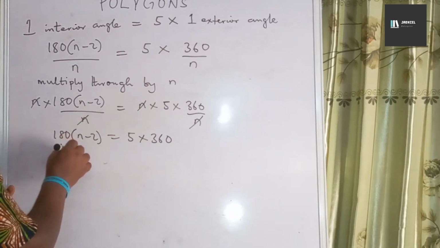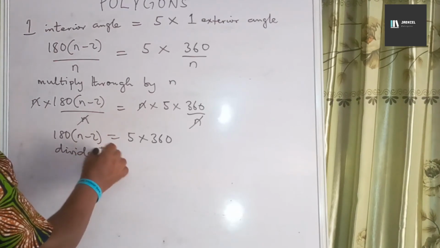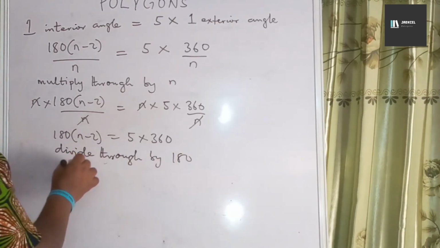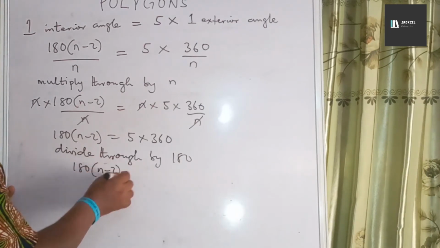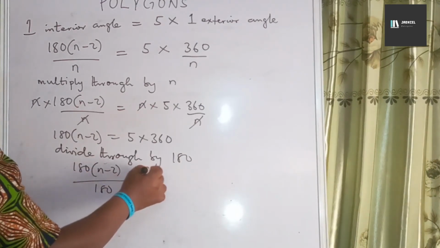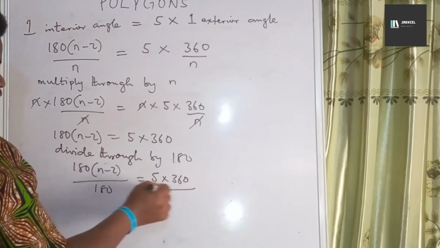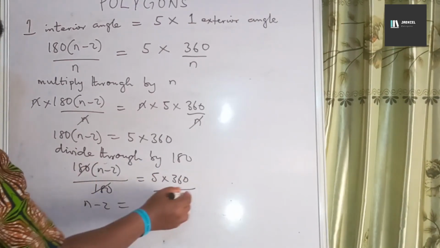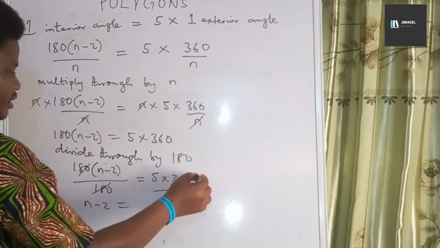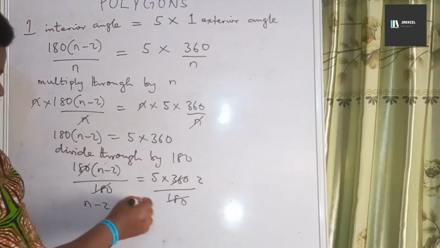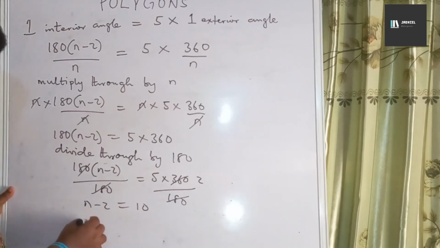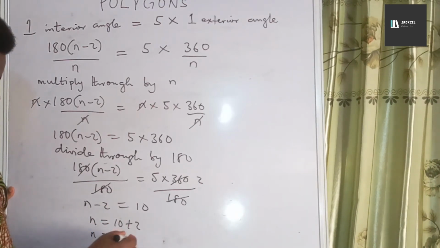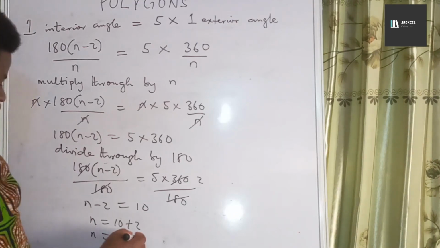So 180(n minus 2) over 180 equals 5 times 360 divided by 180. So we have n minus 2 equals 5 times 2, because 360 divided by 180 is 2. 5 times 2 is 10. Then we move minus 2 to the other side. n equals 10 plus 2. Then n equals 12, meaning that the polygon has 12 sides.